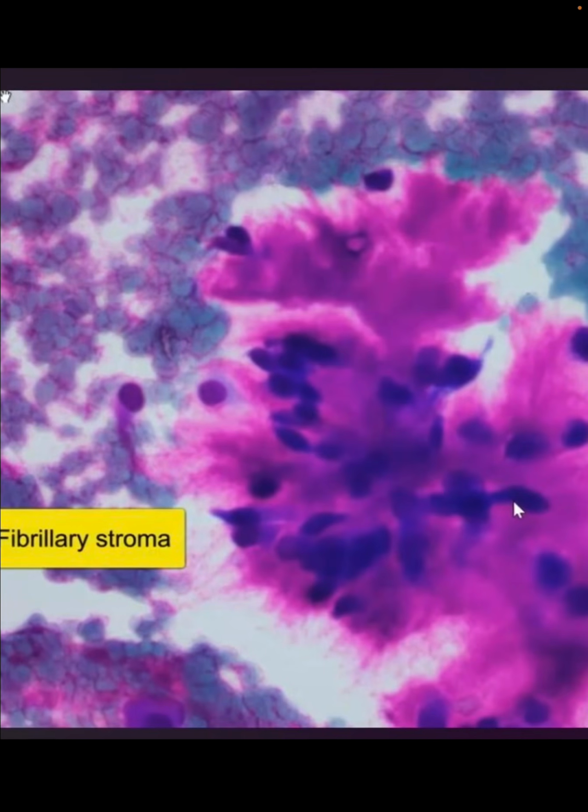We can see fibrillary stroma like thread, and epithelial cells and myoepithelial cells merge into the chondromyxoid stroma. This is a myoepithelial cell merging into chondromyxoid stroma.